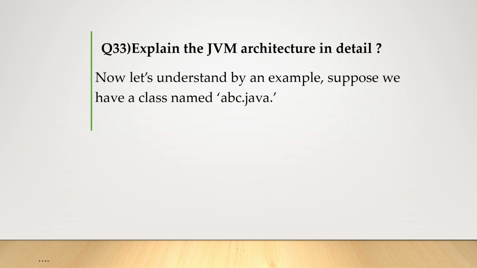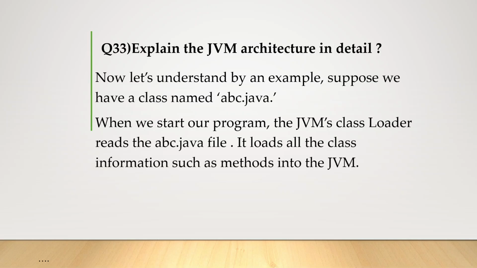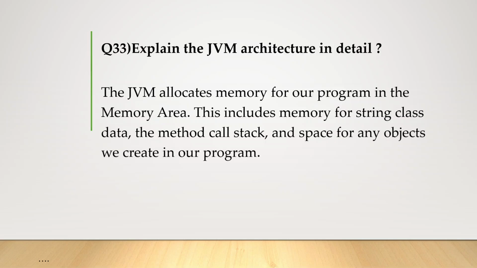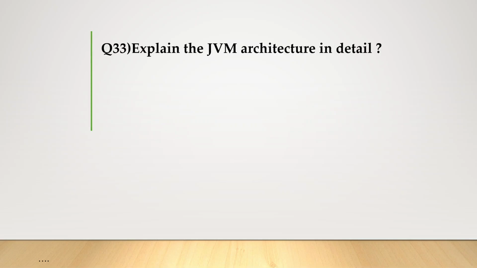Now, let's understand with an example. Suppose we have a Java class named abc.java. When we start our program, the JVM class loader reads the Java file and loads the program information such as methods into the JVM. The JVM allocates memory for our program in the memory area. This includes space for the String class and the method stack, and space for any objects we create in our program.